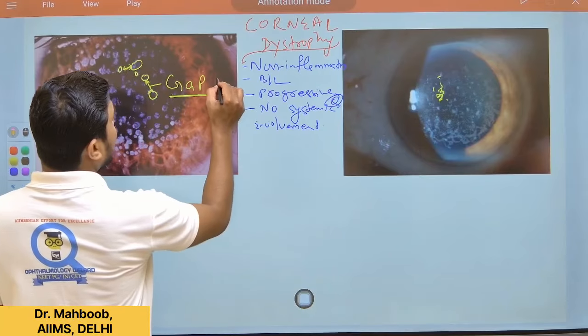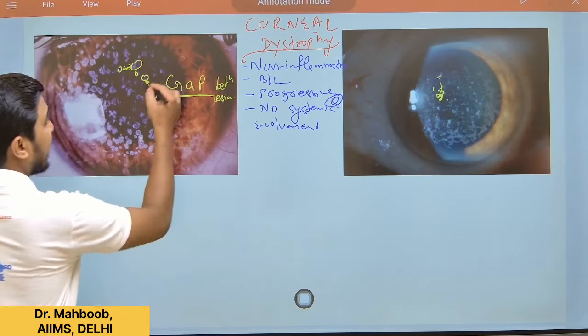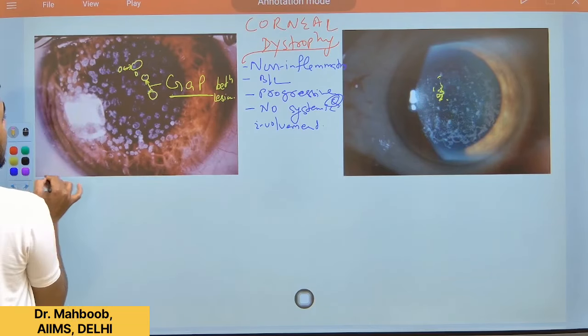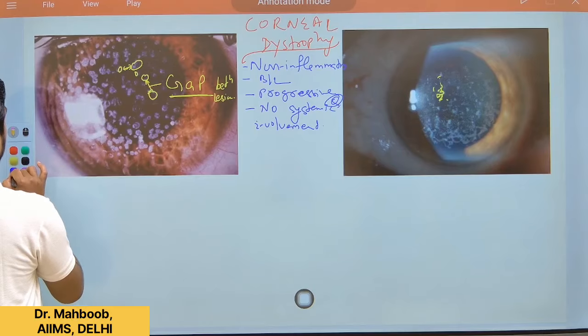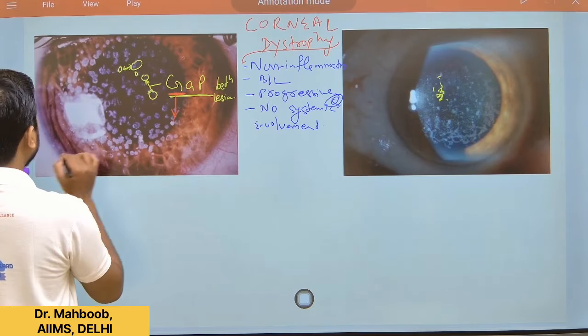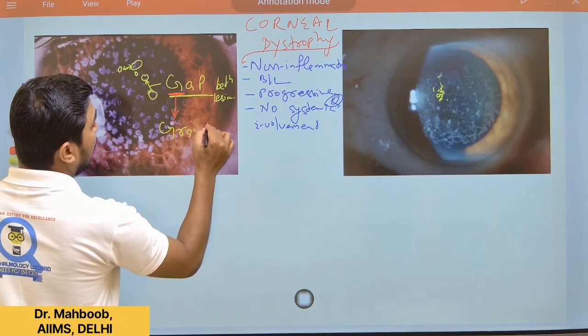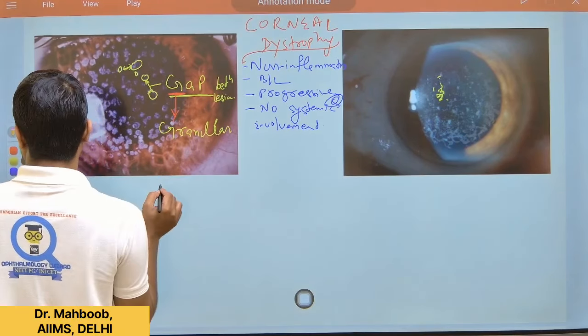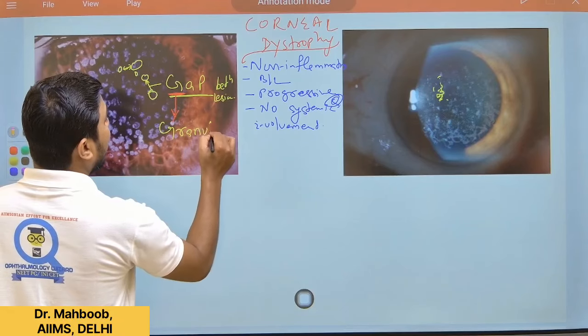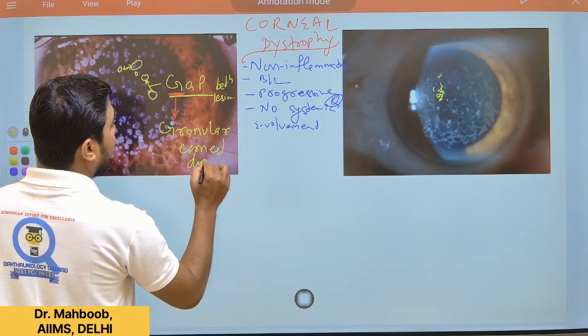So if a gap between the lesions is present, G for gap, G for granular corneal dystrophy.